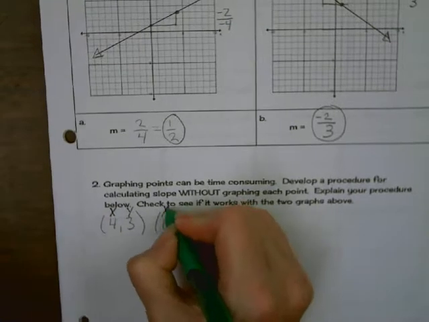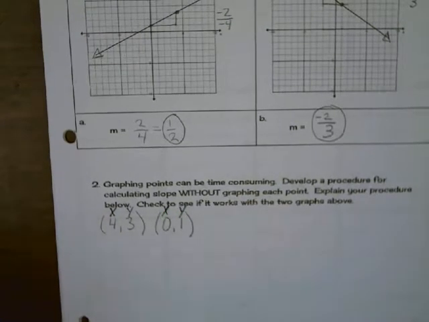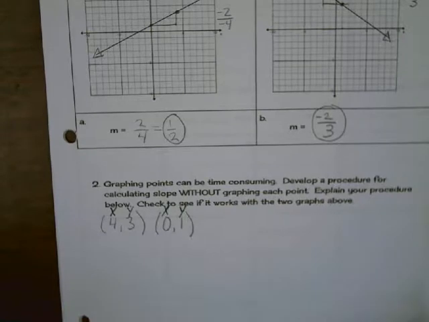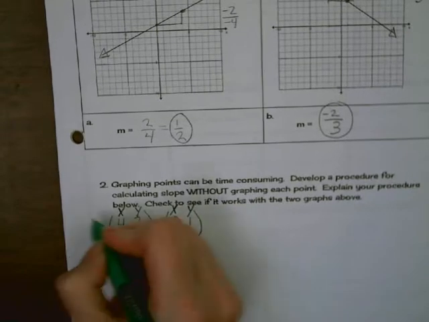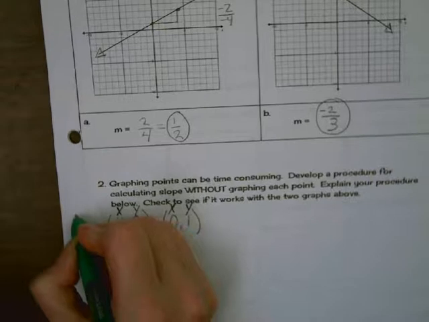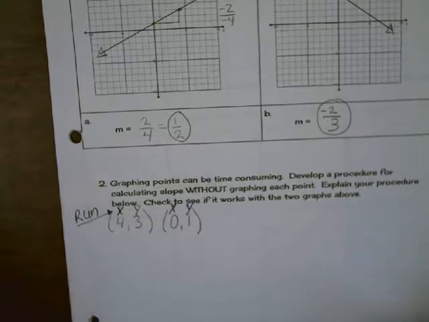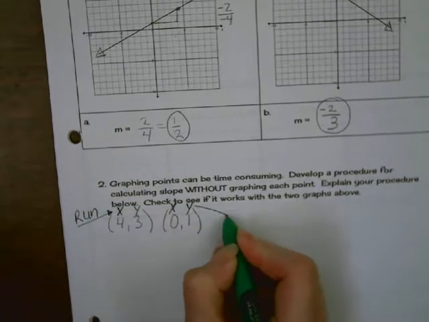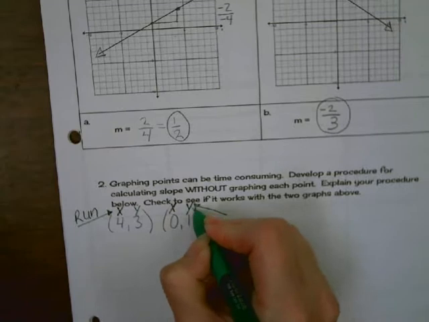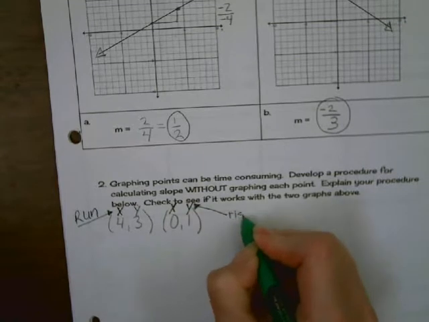We also had another x and a y point, correct? Our x points are runs, and our y point is always the rise.